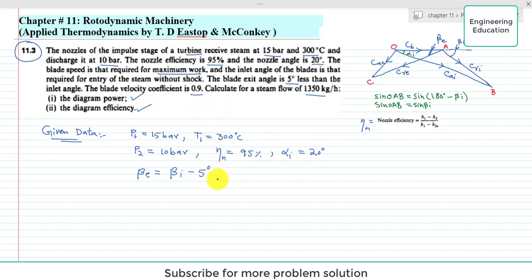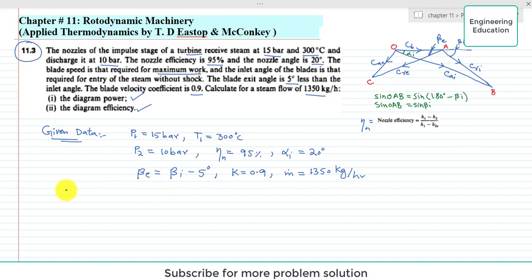Blade velocity coefficient K is 0.9, while the mass flow rate is 1350 kg per hour.